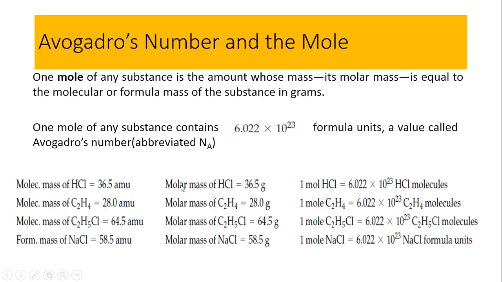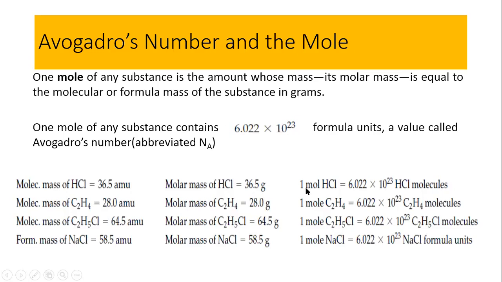The molecular mass of HCl is 36.5 as we have calculated before, that means it is 36.5 gram of HCl, and this 36.5 gram is called 1 mole of HCl, and in this 1 mole of HCl there are 6.02 x 10^23 HCl molecules.